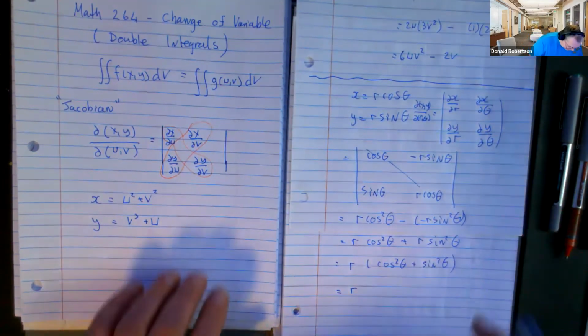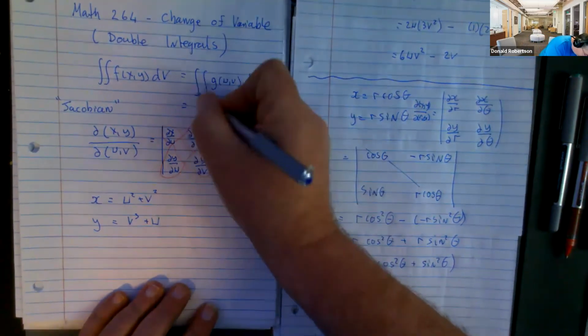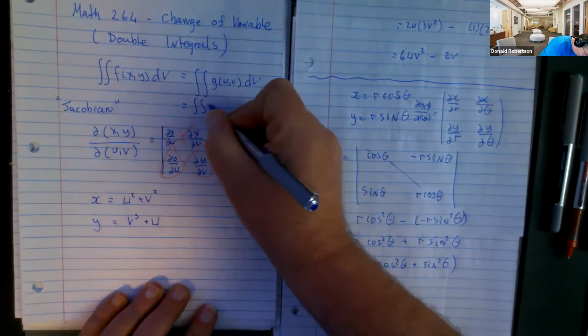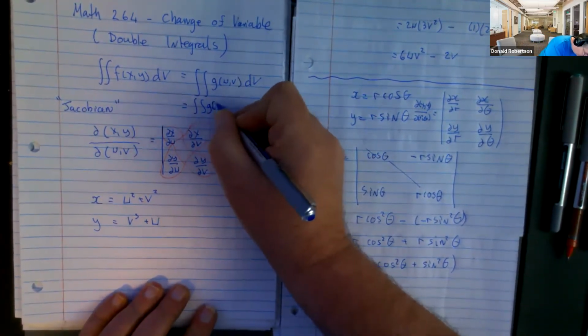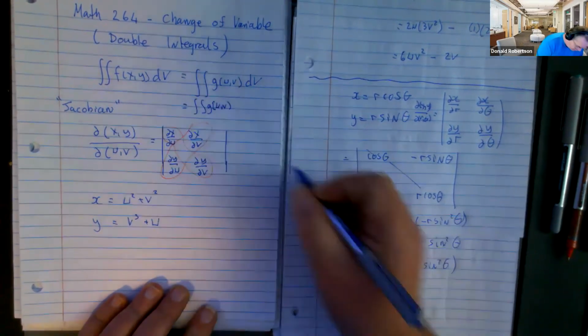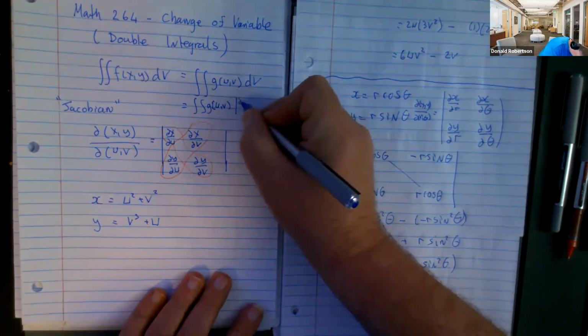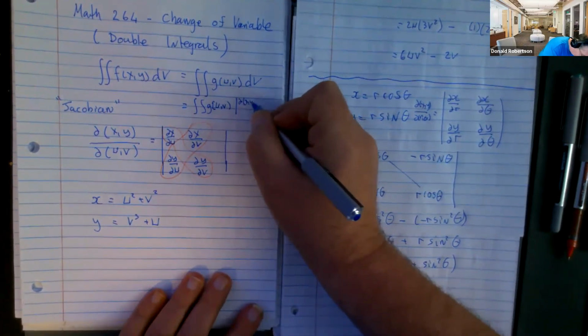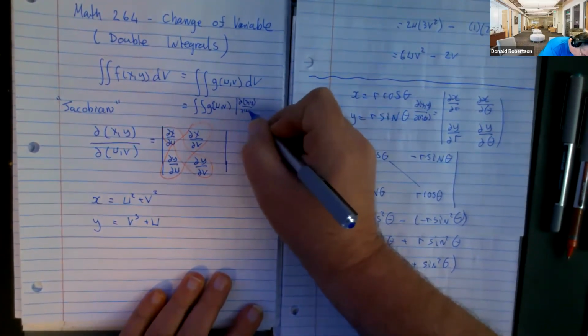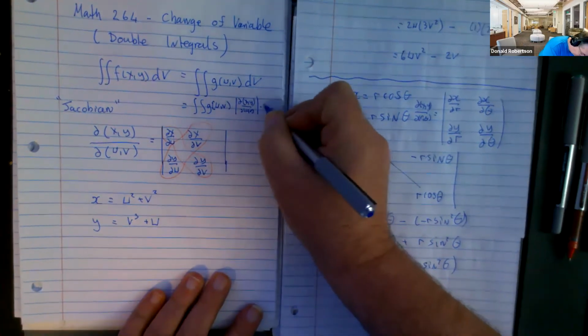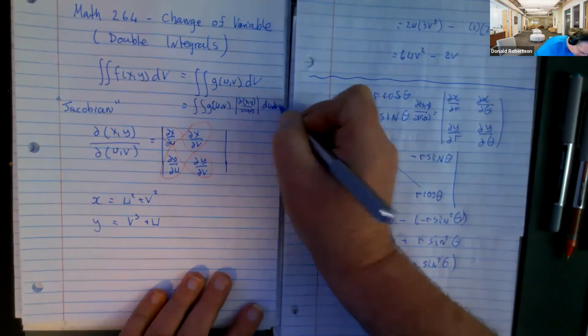So let me add something to this up here. When you do a change in variable, the dx dy will become the Jacobian times du dv.